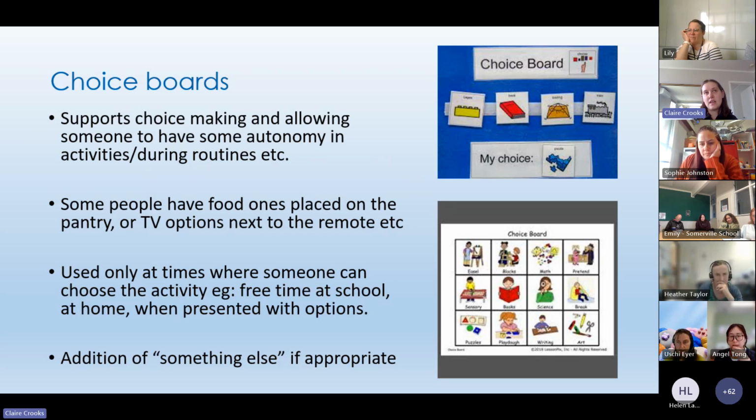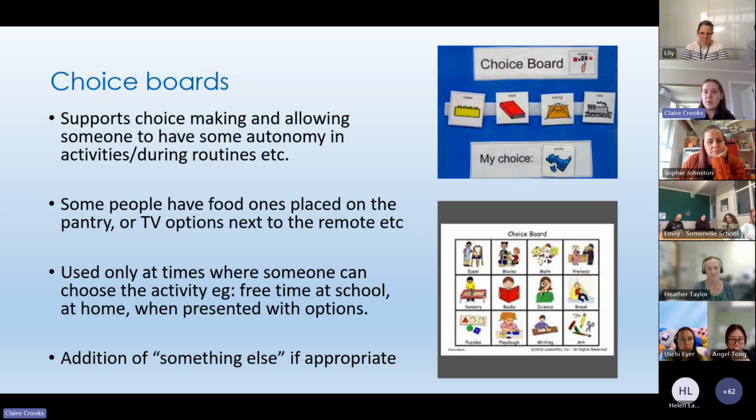A reminder that having a "something else" option, if it's appropriate, can be really helpful on a choice board as well, because we are limited and it's not everything that's in the environment necessarily. Of course, if that activity is not there, that's learning as well. We often pop it in for choice boards because it's teaching requesting, and there's groups of people that if they don't see an option on their choice board, they're not going to use it at all, or they're not going to want to be on it.